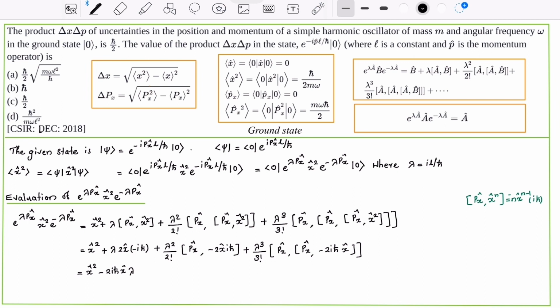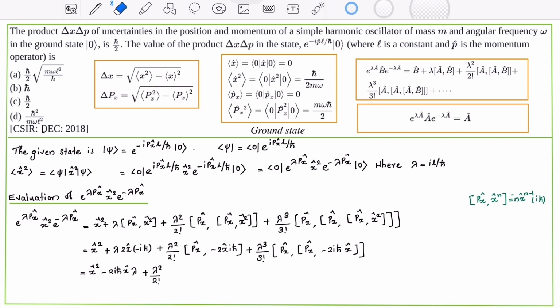Therefore, our answer is x² minus 2iħxλ plus λ²/2!(-2iħ) times the commutator of px and x plus λ³/3!(-2iħ) times the commutator of px and x.